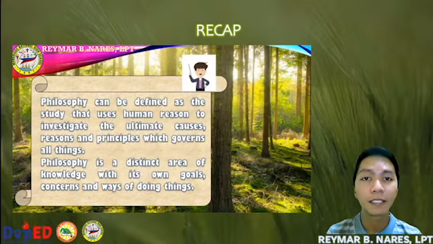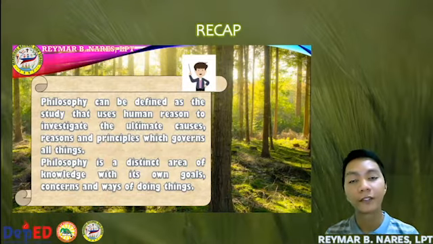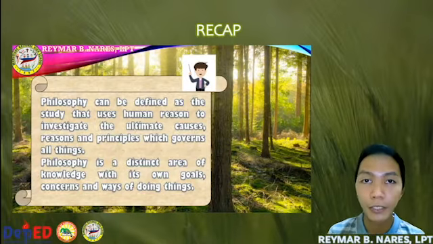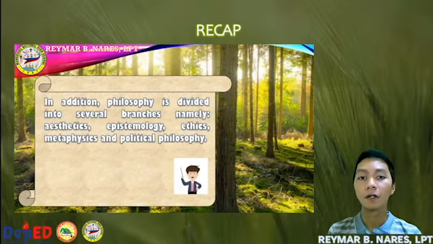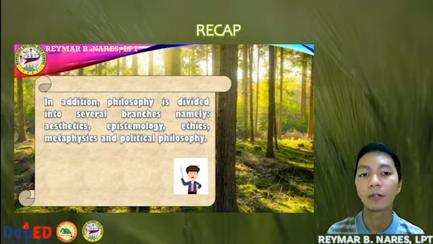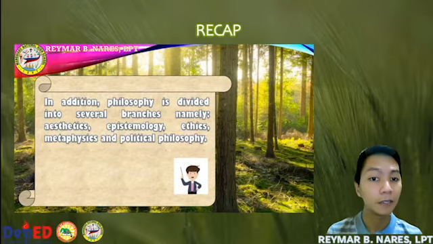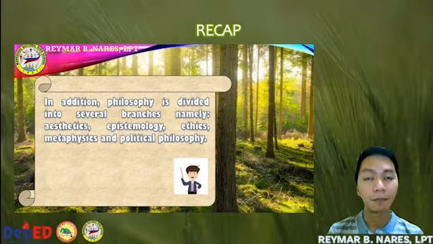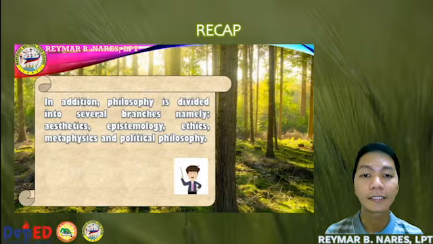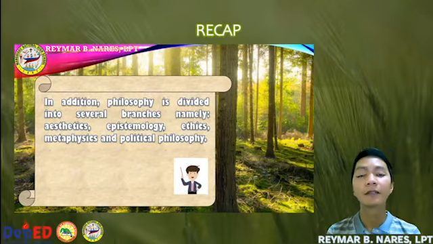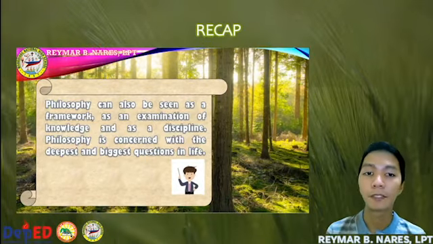Philosophy is a distinct area of knowledge with its own goals, concerns, and ways of doing things. In addition, philosophy is divided into several branches, namely aesthetics, epistemology, ethics, metaphysics, and political philosophy.